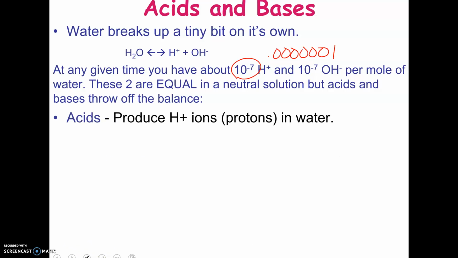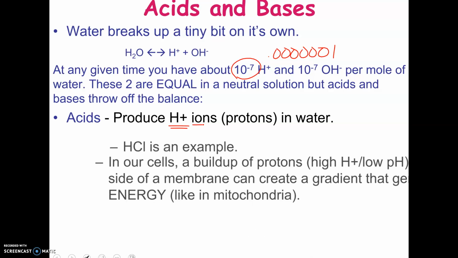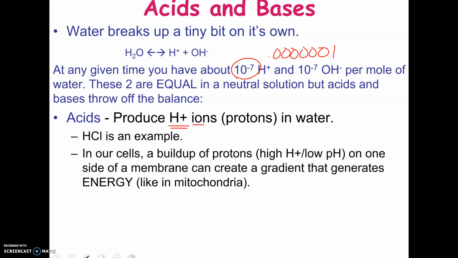But acids, for simplicity's sake, we're going to say, produce positive ions, or we also call them protons, because hydrogen only has one proton. If you take away its electron, it's just a proton. Acids produce hydrogen ions in water. Hydrochloric acid is an example. Protons are actually used as a way of storing energy and forming a gradient that can pump things across a membrane.